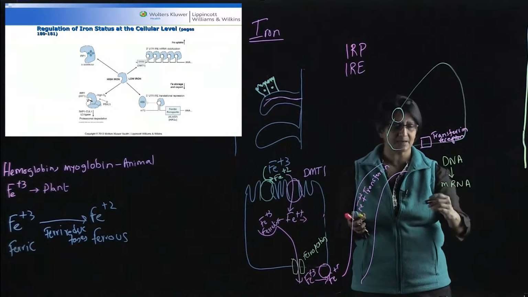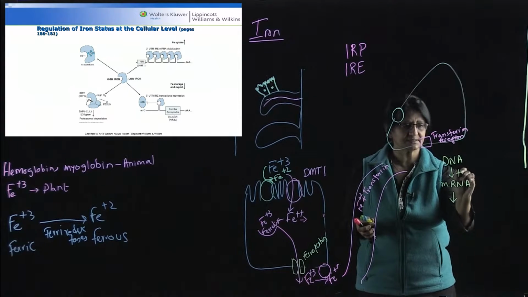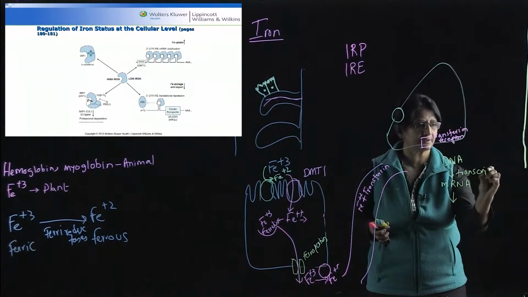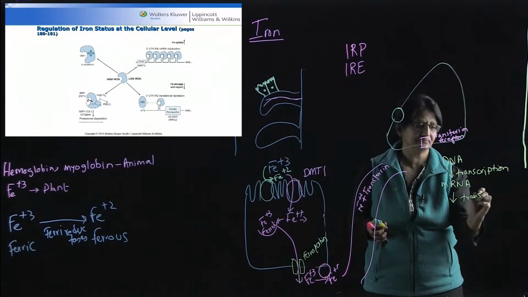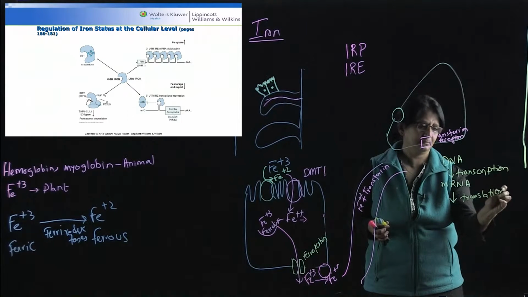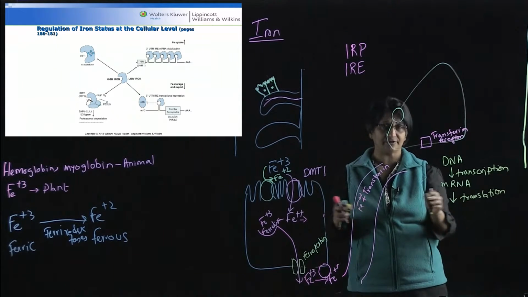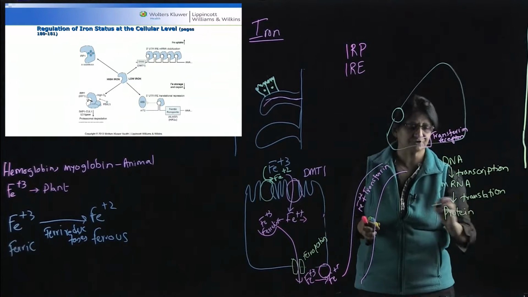Then the mRNA comes out into the cytoplasm, and through translation, which happens on the ribosomes, you make the protein of interest.